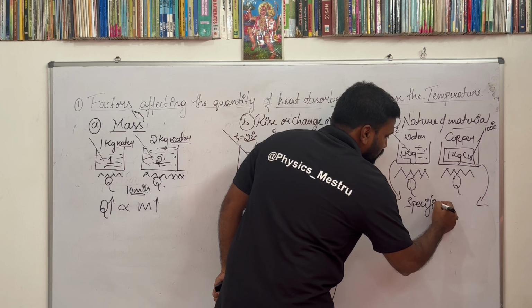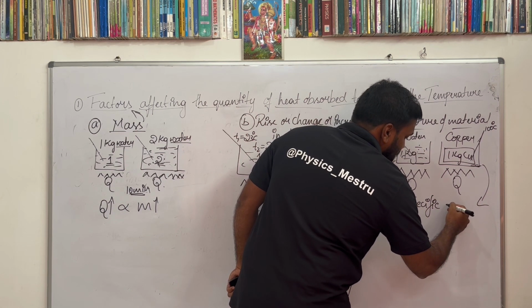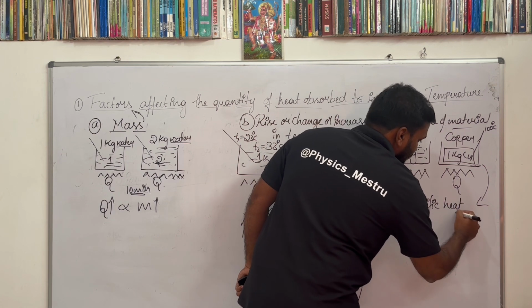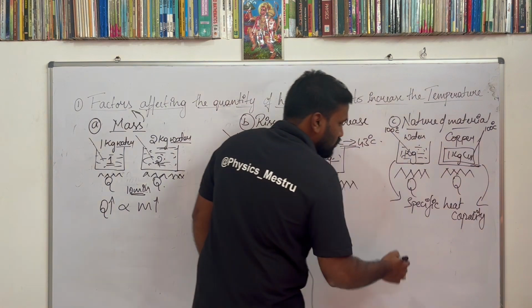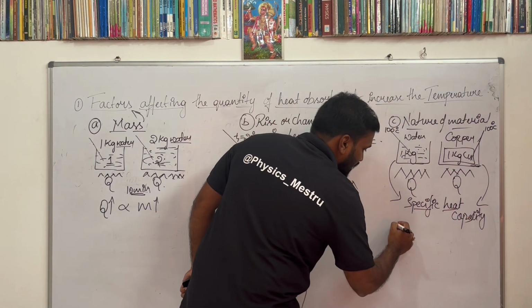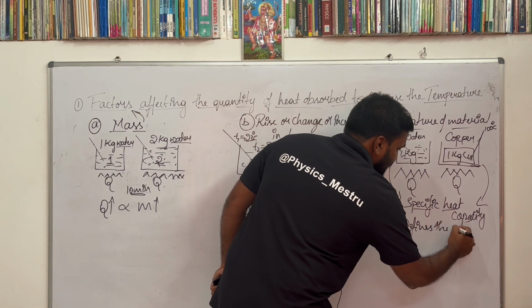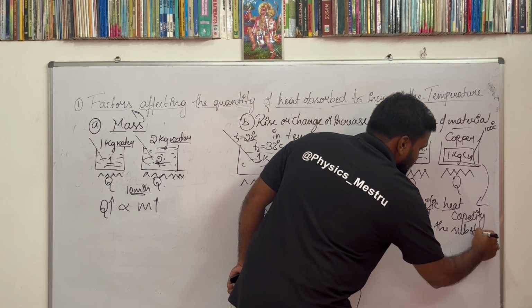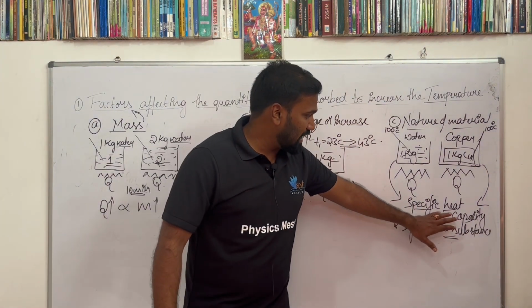So there comes one more constant, or physical quantity, which is called specific heat capacity. This specific heat capacity defines the substance. Which substance is this one? That will be defined by the specific heat capacity.